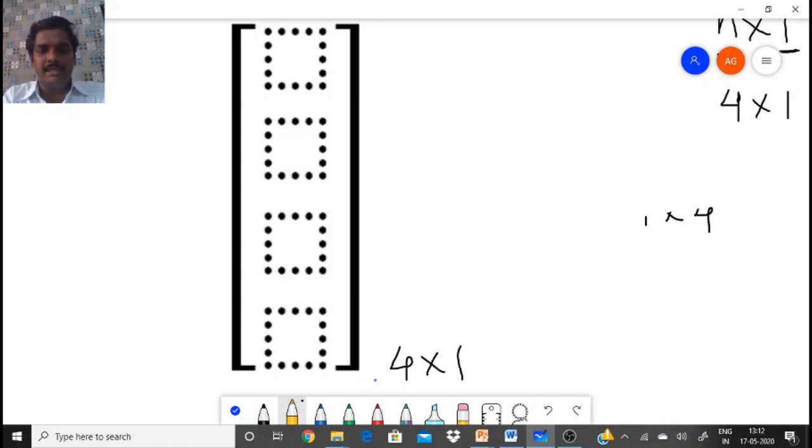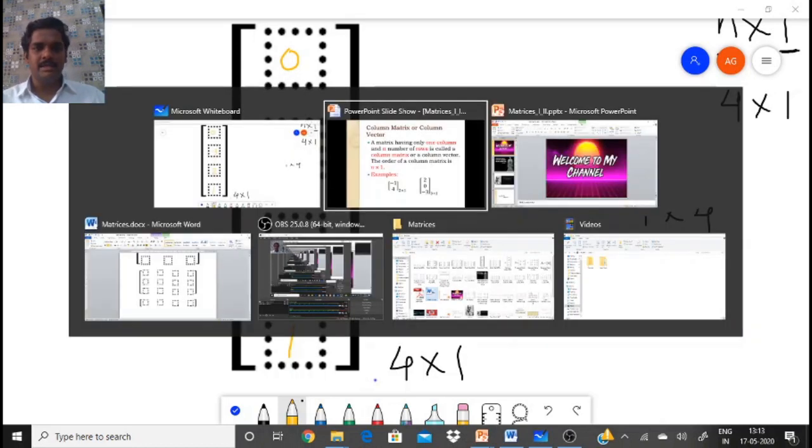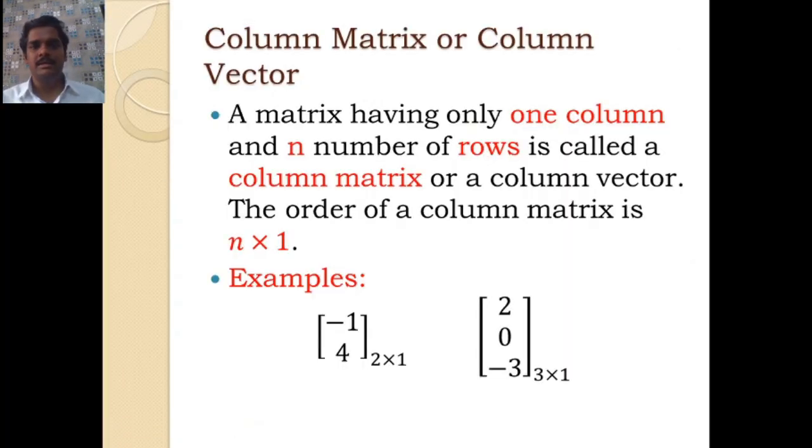To get a particular example, we can fill these blank spaces. You can fill any number: 0, -3, 2, 1. So we got one example of a column matrix with 4 rows. I hope the two types are very clear, row matrix and the column matrix.